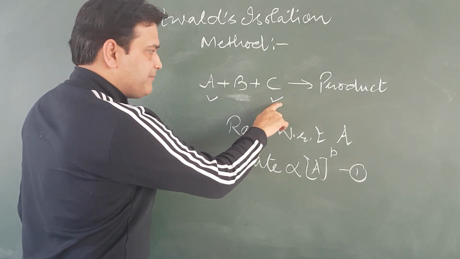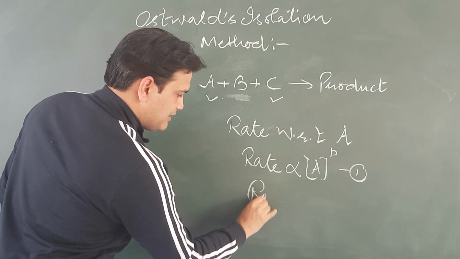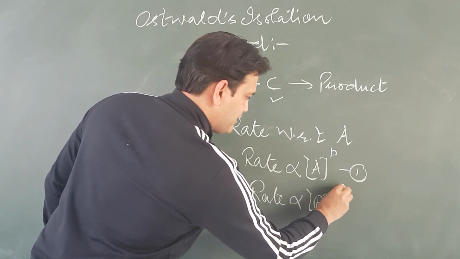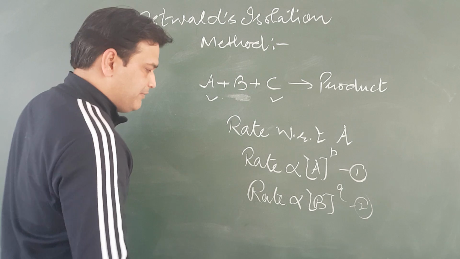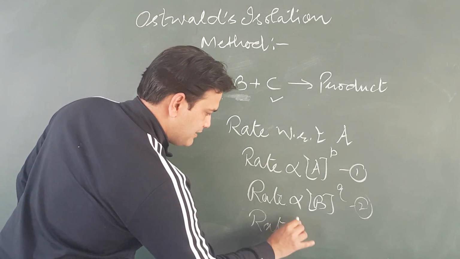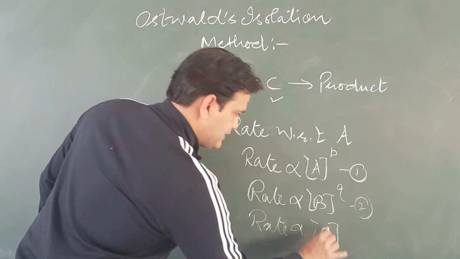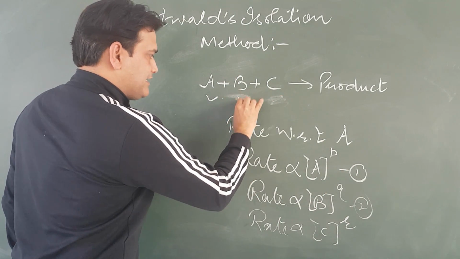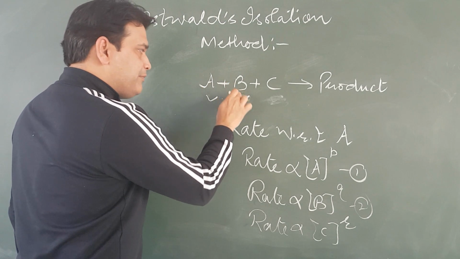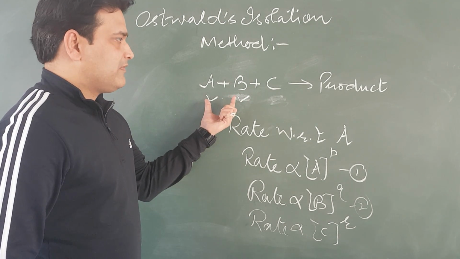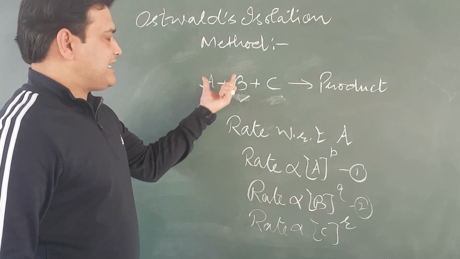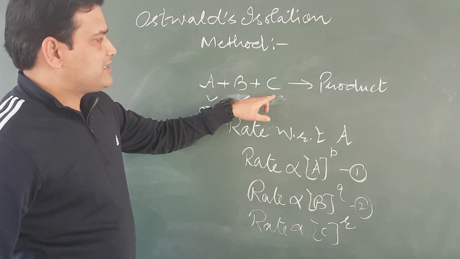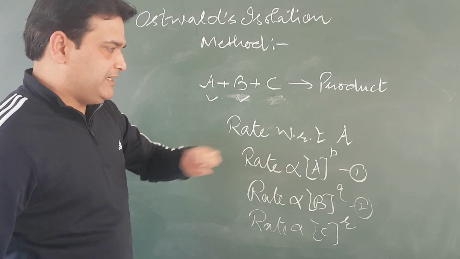When A and C are taken in excess, then the rate will be B raised to the power Q. And similarly, for the rate with respect to C, the concentrations of A and B will be in excess, and their excess concentrations will make them constant. So we can study the rate of reaction with respect to C.